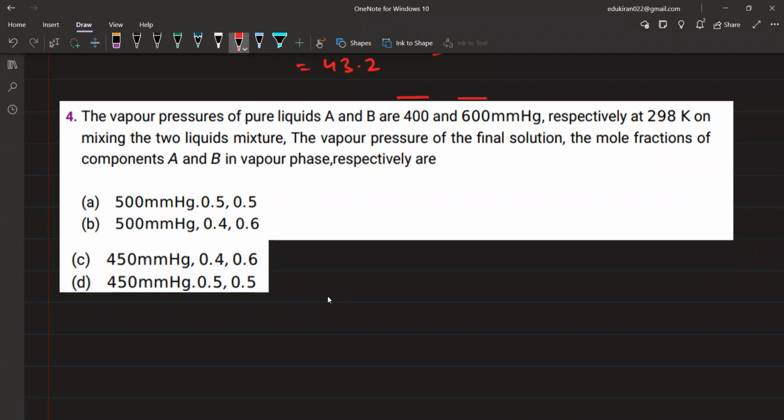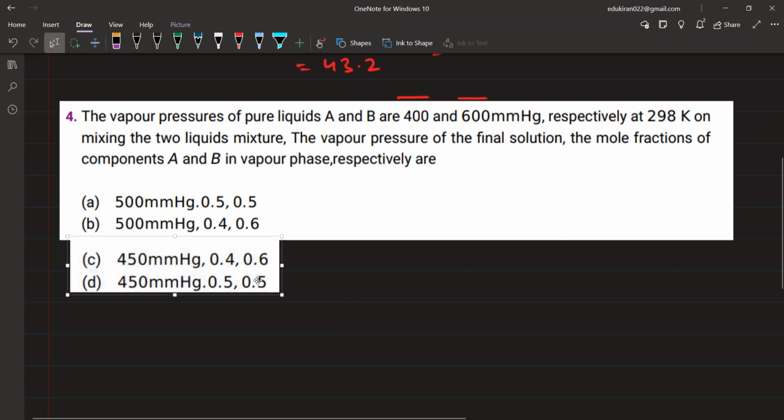The vapor pressure of the final solution and the mole fraction of components A and B in the vapor phase are respectively how much? तो देखिए, MCQs में तो आपके लिए आसान है ना, you can just plug in the values and get the answers, है ना? P_T is equal to P naught A का χ_A plus P naught B का χ_B. Plug in these values 400, 600, 0.5, 0.5 और 500 and then see कौन सा ऑप्शन होगा, नहीं होगा. ठीक है?